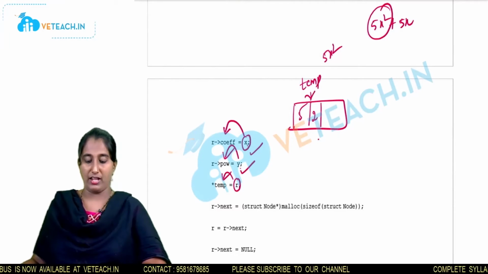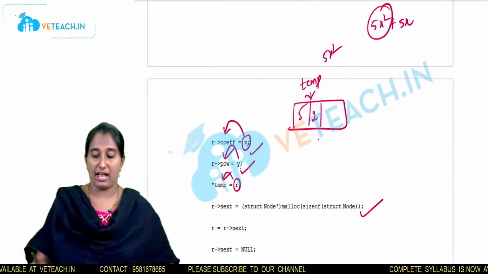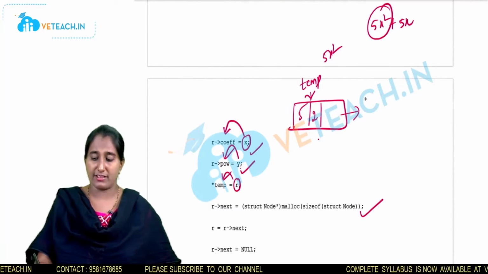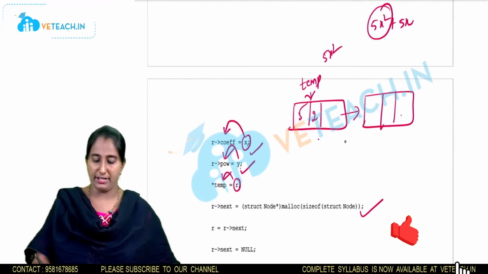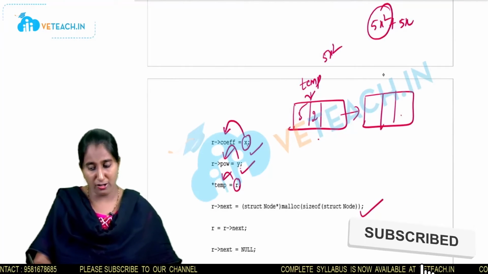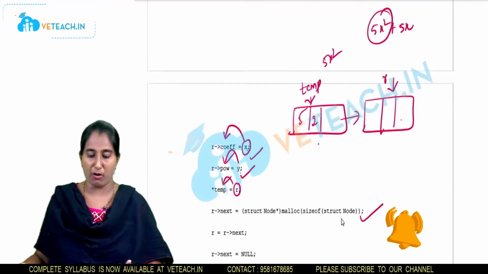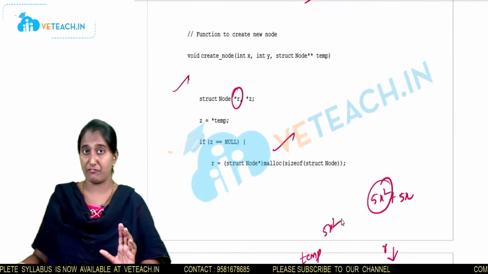Next, they have created r next, the next node address, the next element. For the next element also the memory has been created, and r has been updated with the values. This is about creating the memory for a new node for every element.